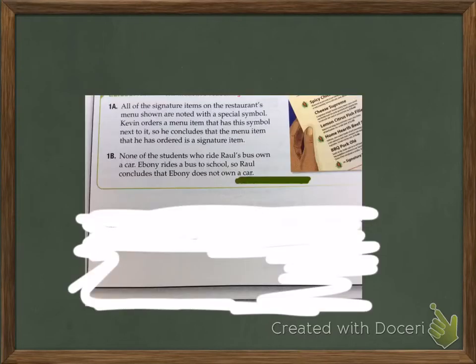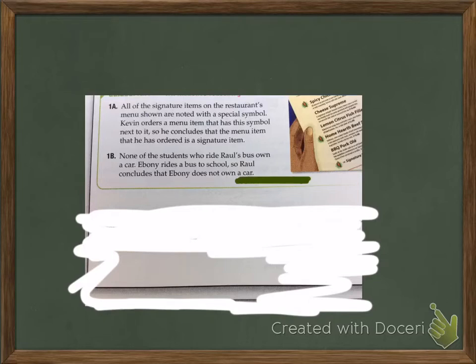So here we're going to think about what type of reasoning we're using, whether we're using inductive or deductive reasoning. And this is actually in your textbook on page 117. But look at the first example here. It says all of the signature items on the restaurant's menu shown are noted with a special symbol.